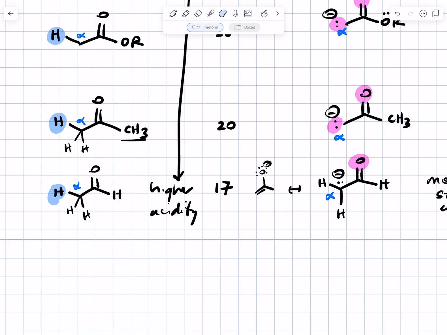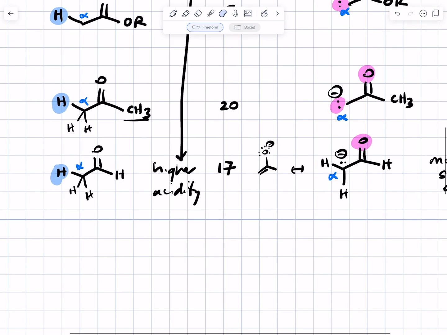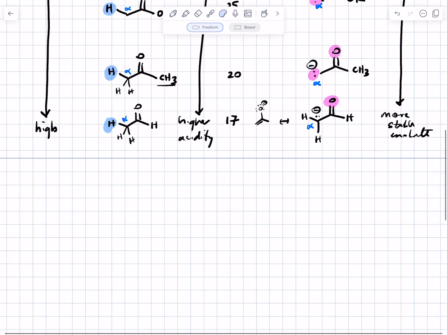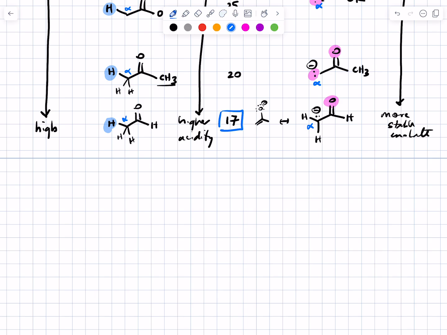All right, so these pKa's are going to be interesting because they're going to help us understand why we're using certain reaction conditions for making enolates. Before we do that, though, I want to talk about some other carbonyl molecules and/or enolates, other carbonyl molecules that can also lose alpha protons, which have pKa's even lower than 17.